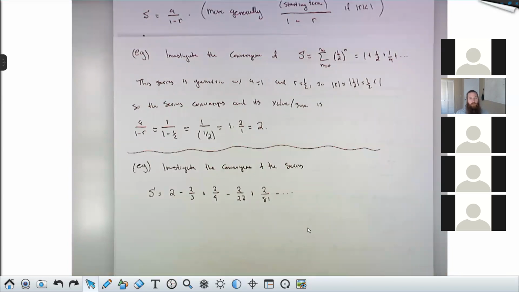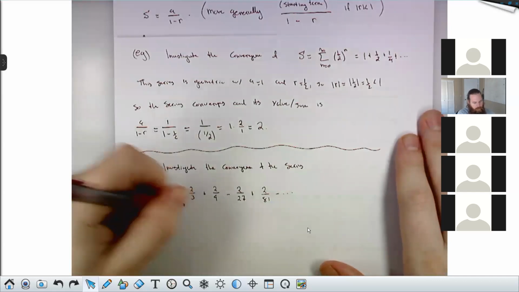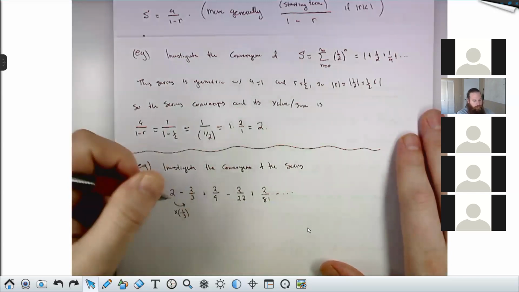So this time the series hasn't been given to me in sigma notation. So your first task is to write it in sigma notation. If you look for patterns here, you'll notice that to go from 2 to negative 2/3, you multiply by negative 1/3.